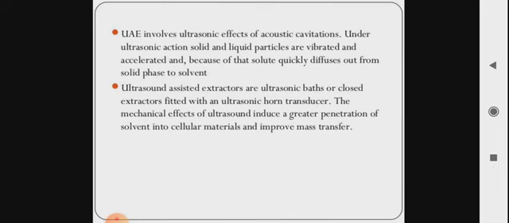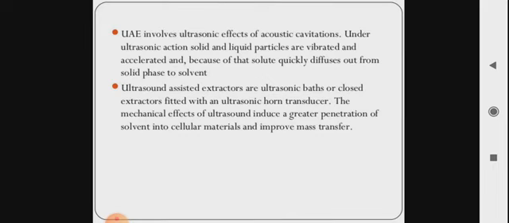Under ultrasonic action, solid and liquid particles are vibrated and accelerated, and because of this, solute quickly diffuses out from the solid phase to the liquid. Because of the mechanical vibration or movement between the solid and liquid particles, there is the acoustic cavitation phenomenon.